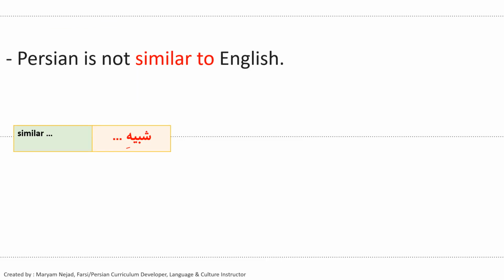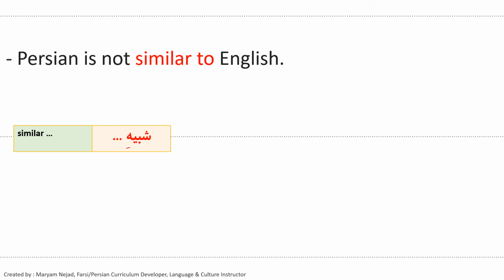Next, we want to say Persian is not similar to English. So before we translate the sentence, something that is helpful for you guys to know is that it's very common in Persian every time we're talking about a language to actually use the word language. For example, instead of saying Persian is not similar to English, it's very common to say the Persian language is not similar to the English language.